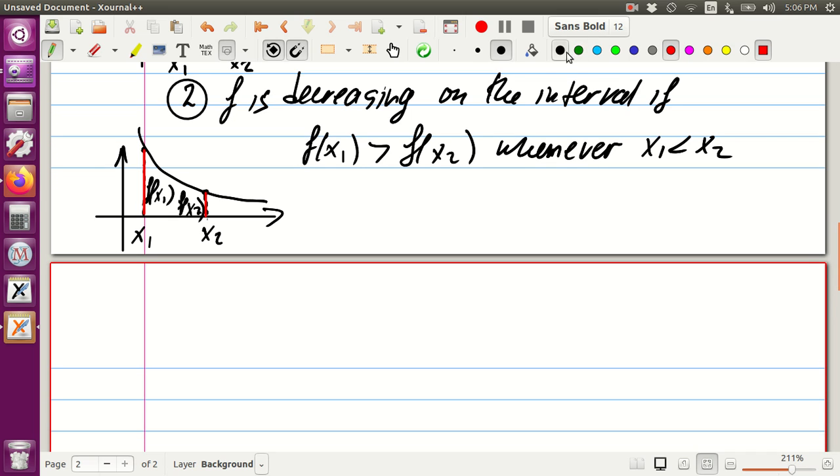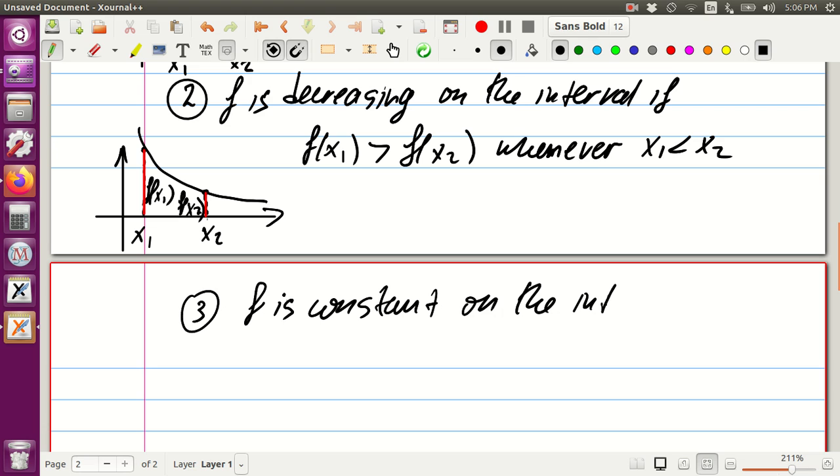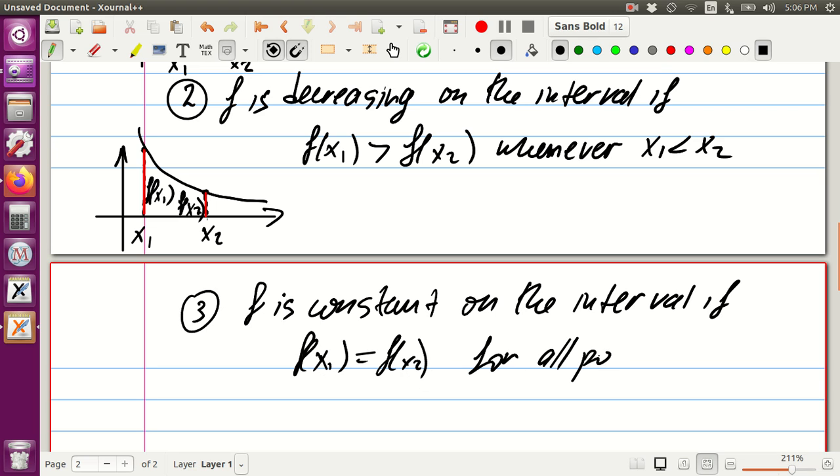The last part of the definition, part 3, says that f is constant. Constant means does not change, right? f is constant on the interval if f of x1 is equal to f of x2 for all points x1 and x2.